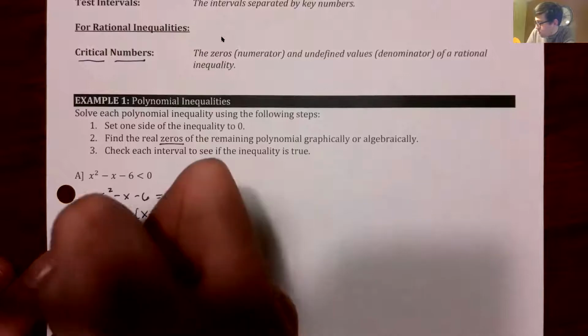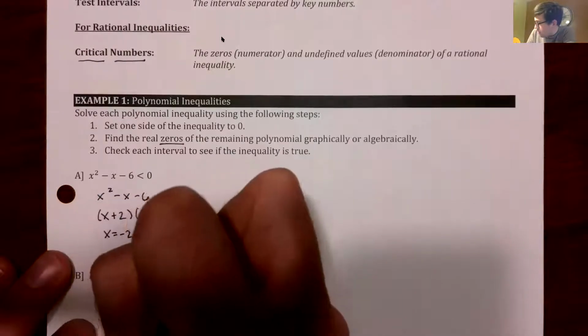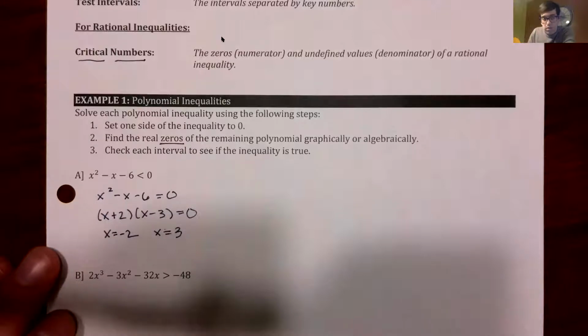And so our two key numbers or critical numbers here are -2 and 3, okay? So the next thing that we're going to do is figure out the intervals of our solution based off of what we're going to call a sign chart.